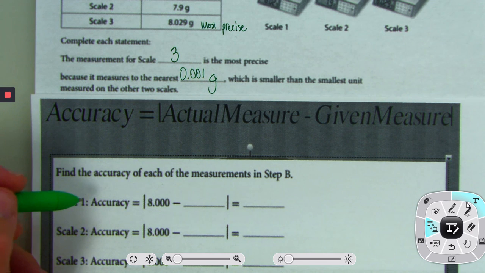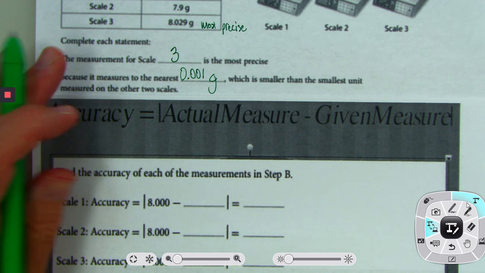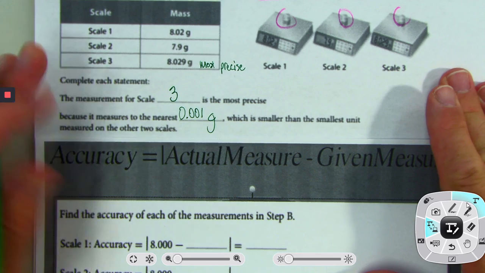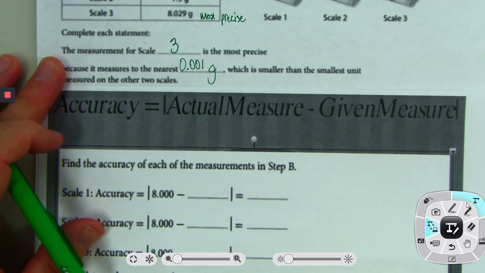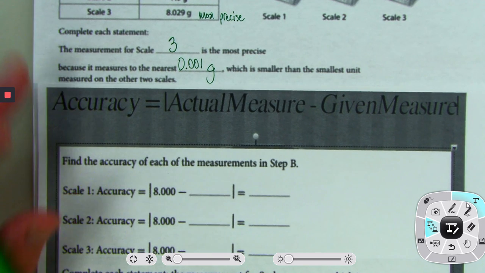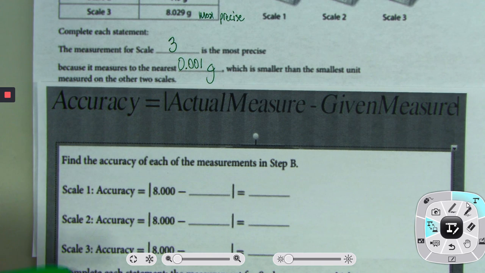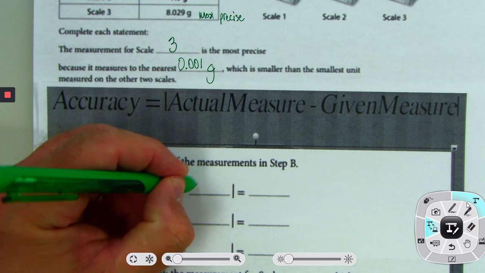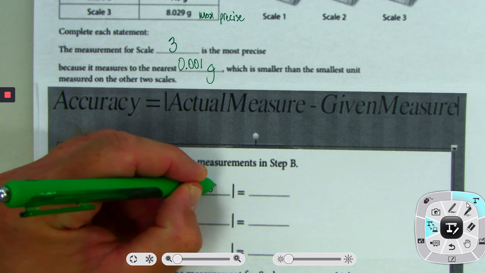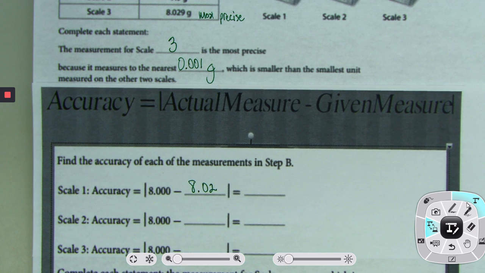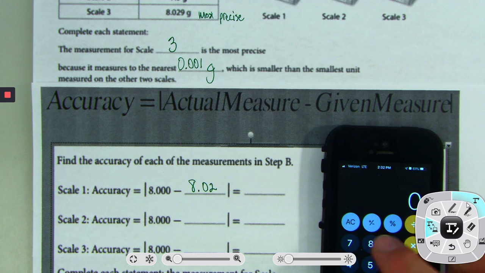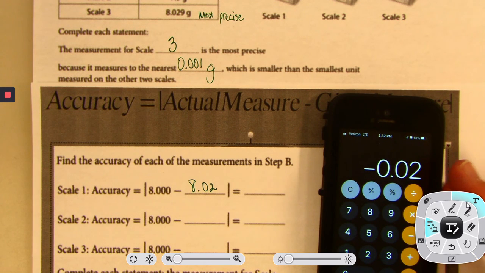Well, scale 1 measured, it came in a measurement of 8.02. So if I'm going to figure out what my actual measurement is, or the accuracy of it is, I'll take the 8 grams and subtract from it 8.02, just like that. When I subtract it, I get a negative 2/100ths.